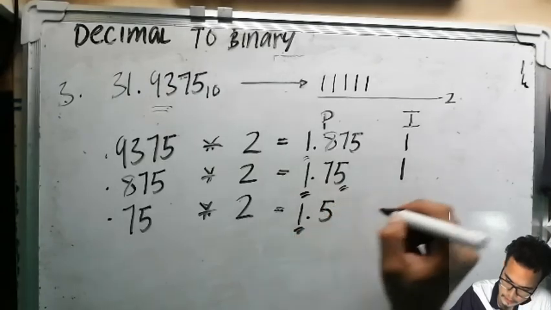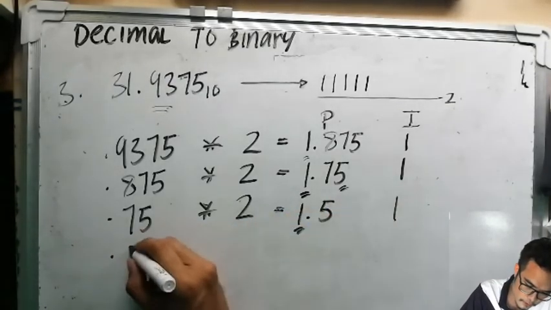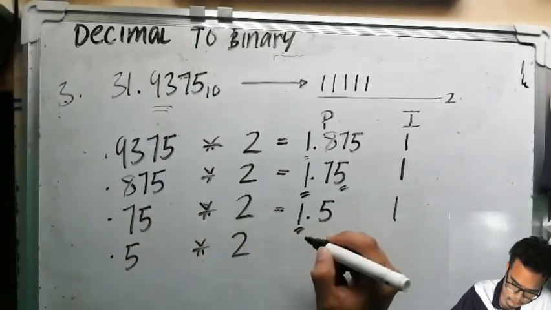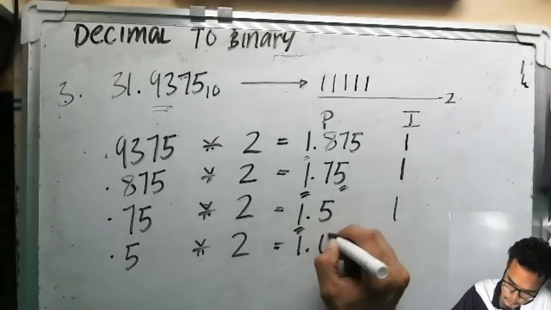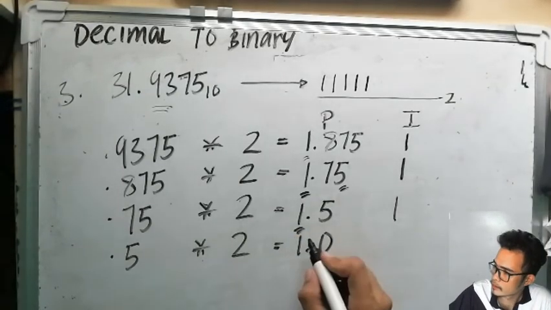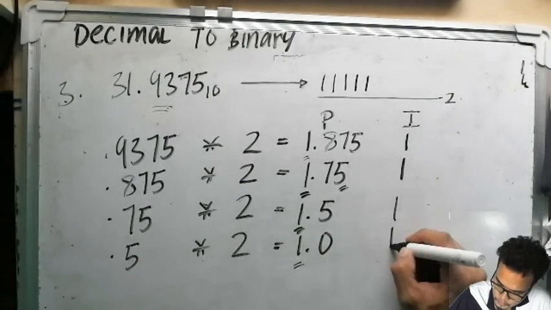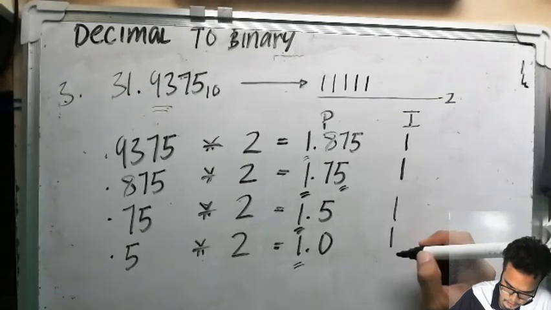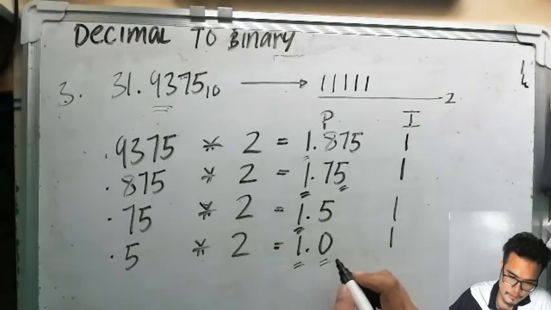Get the integral, then proceed. 0.5 multiplied by 2 is equal to 1.0. Then get the integral part, which is 1. Since the fractional part is 0, stop the iteration.